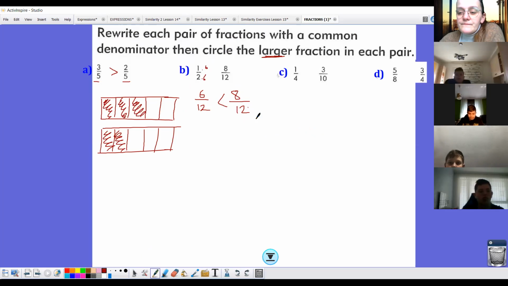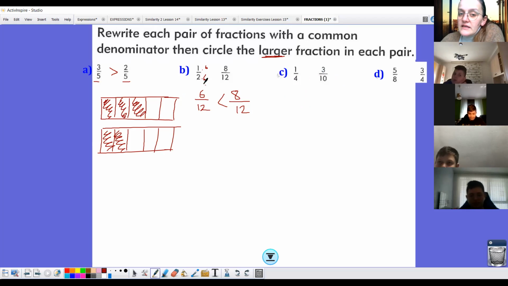Yes, Saleh? Teacher, 3 out of 10 is bigger than 1 out of 4. How will we show it? Because 1 out of 4 is like 3, 6, 9, 12. Here is out of 10, 3 out of 10. So, okay, how will we make the denominator the same?